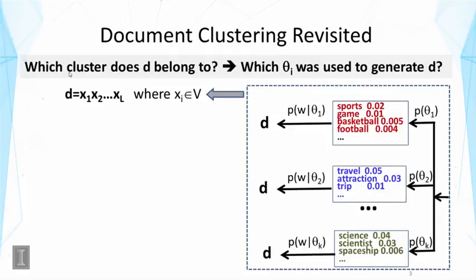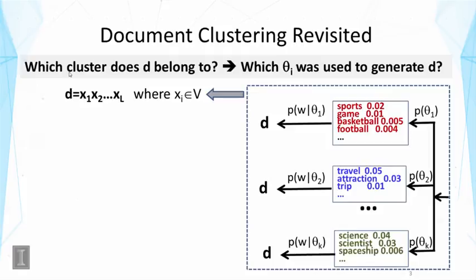But because of the similarity of the two problems, we can actually adapt document clustering models for text categorization, or we can understand how we can use generative models to do text categorization from the perspective of clustering.